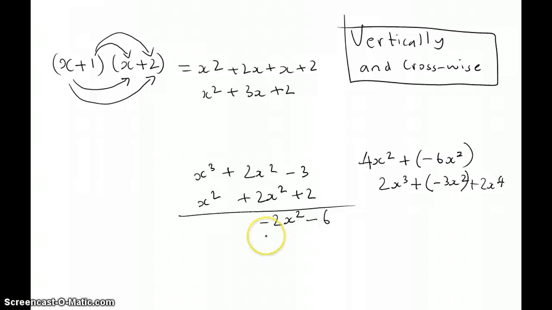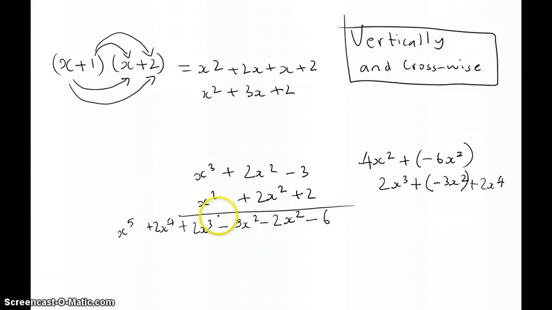So we would get minus 3x squared plus 2x cubed plus 2x to the 4. And then our last step is x cubed times x squared, which would be x to the 5, or yes, x to the power of 5.